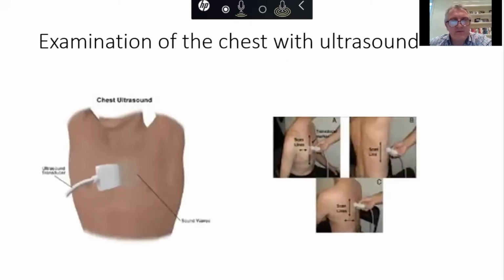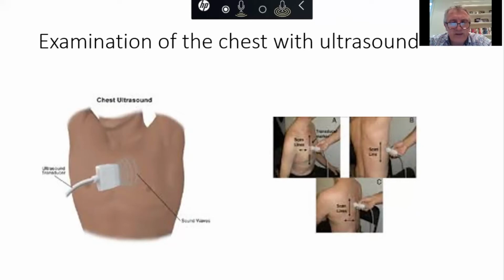Examining the chest with ultrasound is not dissimilar to the stethoscope. We use a curvilinear probe, which is a low frequency probe, with a depth of about 10 to 16 centimeters. If we examine the chest anteriorly, then we're looking at the upper lobes of the lung anatomically, and underneath the transducer is the image that we will see.